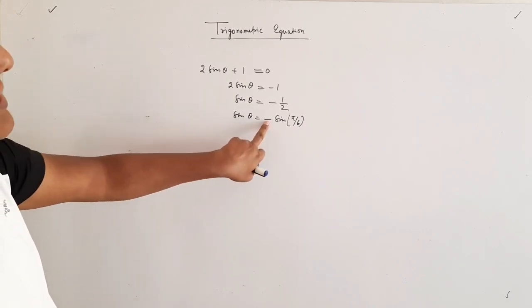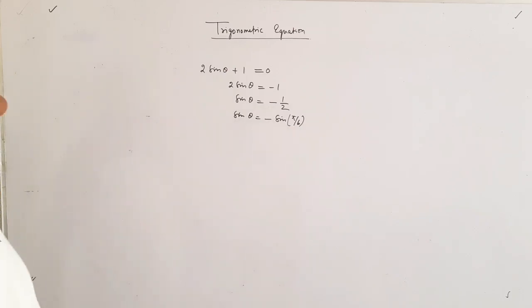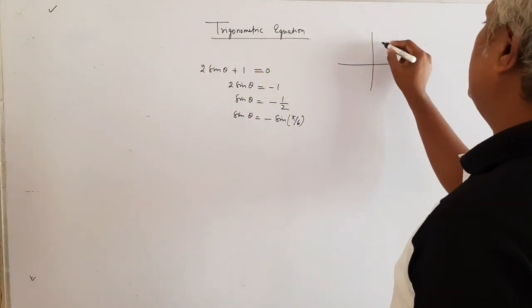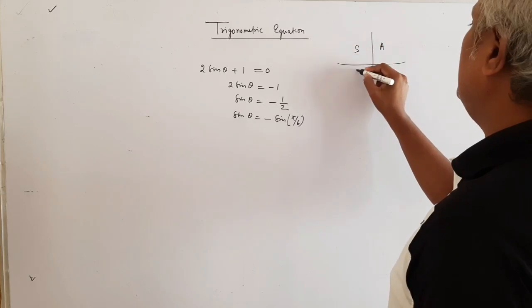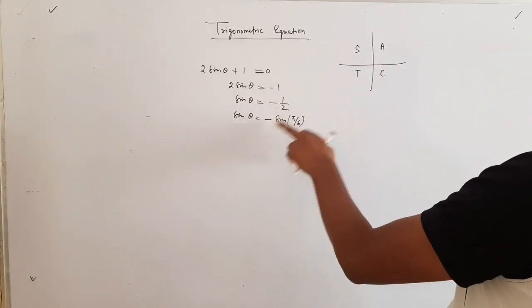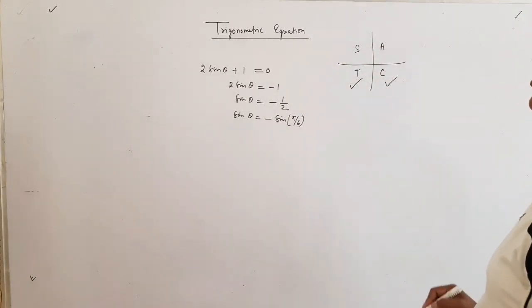Now this minus is not required here. So how to get rid of this one? Now what will be the value for the negative? So we know that sine can be negative in either the third quadrant or the fourth quadrant.